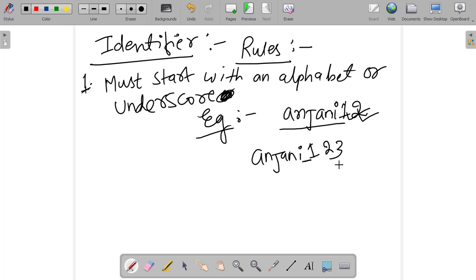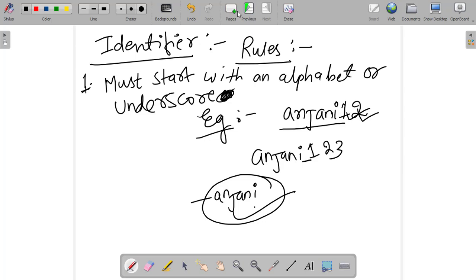Anjani_123 is also fine. But it is not a good practice to start with underscore, like _Anjani. It is syntactically correct, but it is not a good practice in writing our programs, so we must avoid it. I am not saying that it is not correct. It is correct, but it should not be your programming practice.